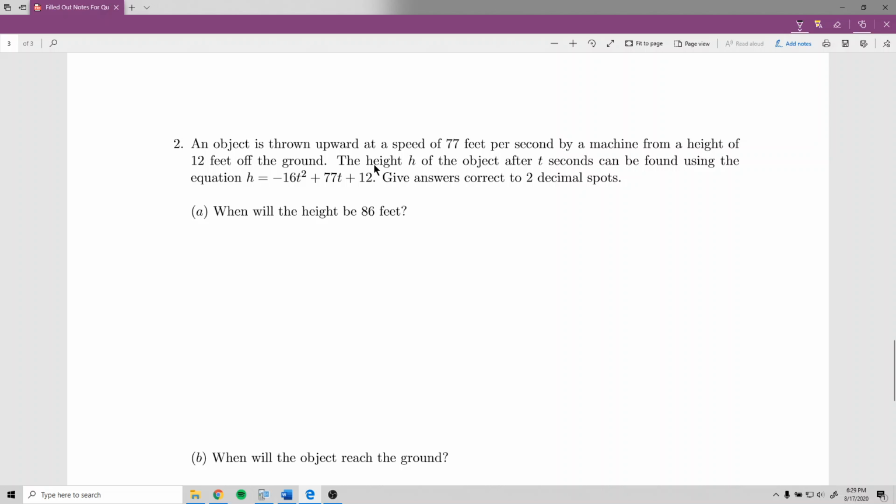The reason why when you throw something up and it falls back down, think about throwing a ball or something, is that it makes an upside down parabola shape.